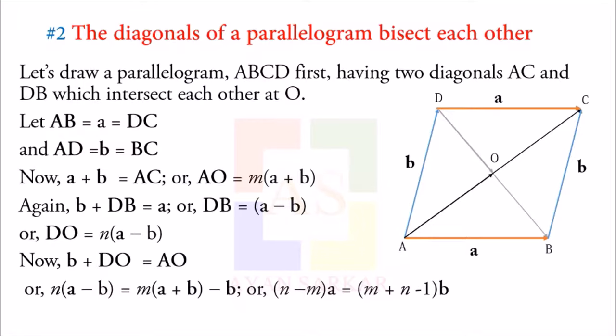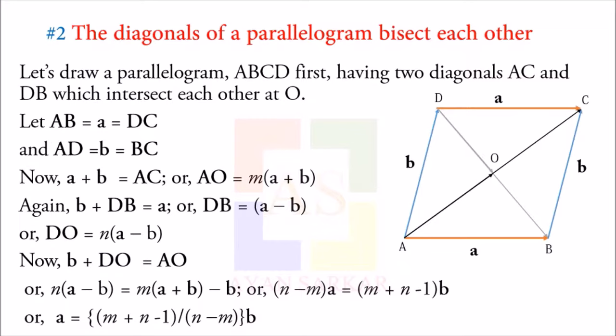Now one thing you can see here is that a vector and b vector, these two vectors are not collinear, and since they are not collinear, you can find this type of equation. Since they are not collinear, the terms m plus n minus 1 and n minus m will be equal to 0, and I have done this earlier.